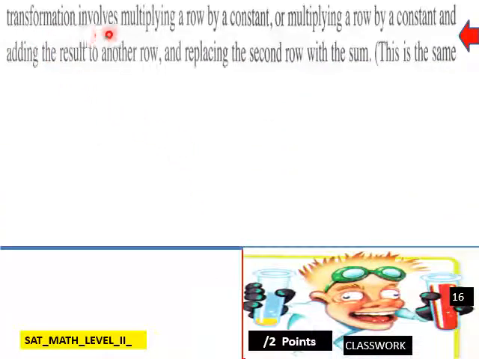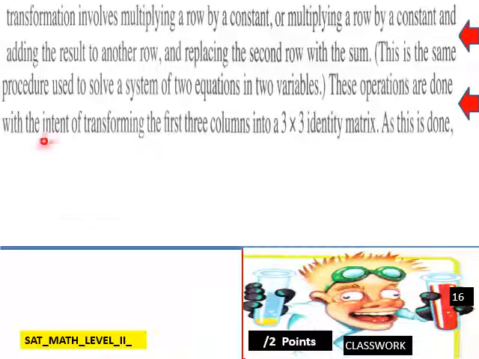This transformation involves multiplying a row by a constant, or multiplying a row by a constant and adding the result to another row and replacing the second row with the sum. This is the same procedure used to solve a system of 2 equations and 2 variables.